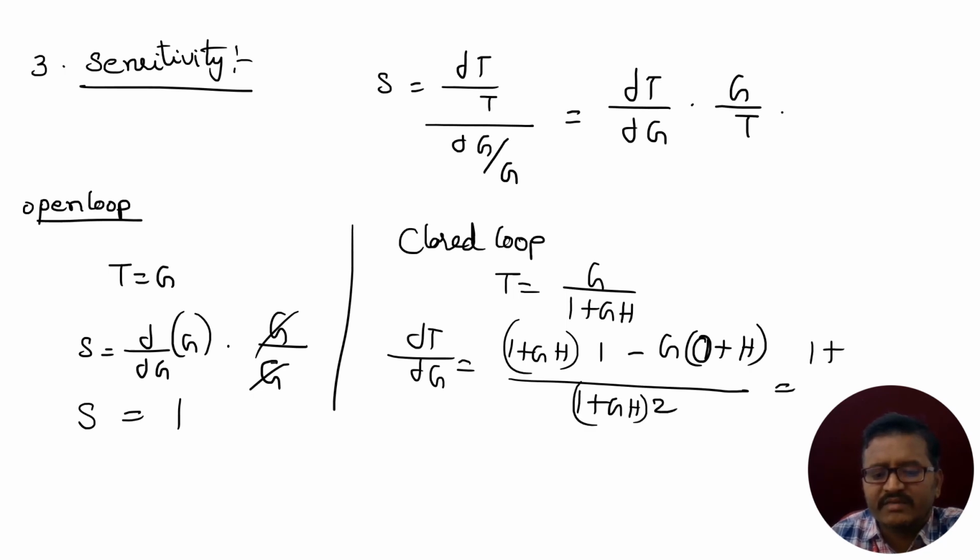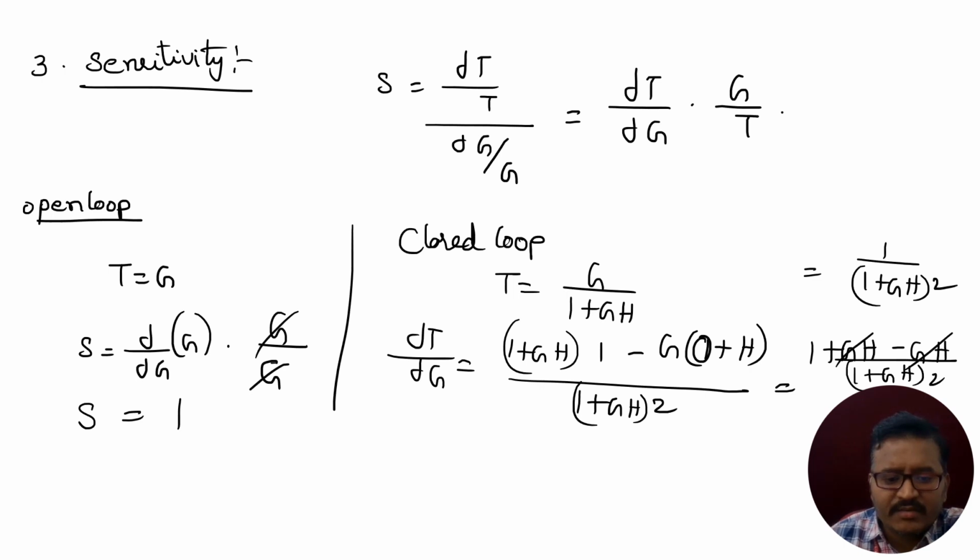So it is 1 plus GH minus GH by (1 plus GH) whole square. GH cancels out. We get 1 by (1 plus GH) square.